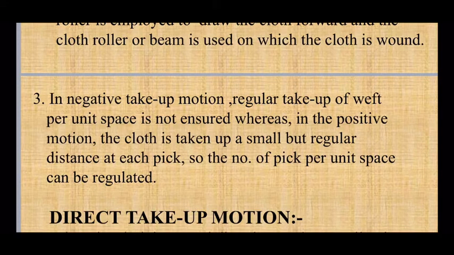Means here we cannot ensure the number of picks per unit space will remain the same. That's why in the positive motion, the cloth is taken up a small but regular distance at each pick, so the number of picks per unit space can be regulated. Means we can ensure a particular number of picks per unit space throughout the length of the fabric.